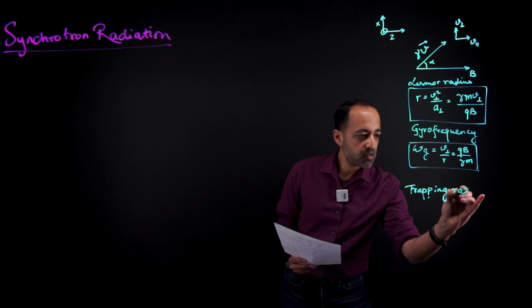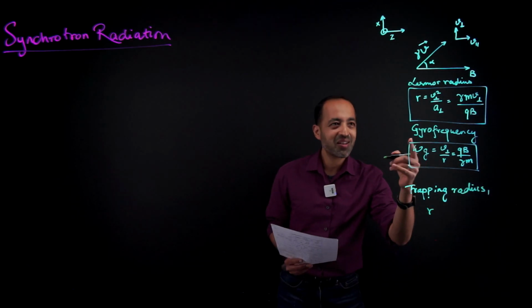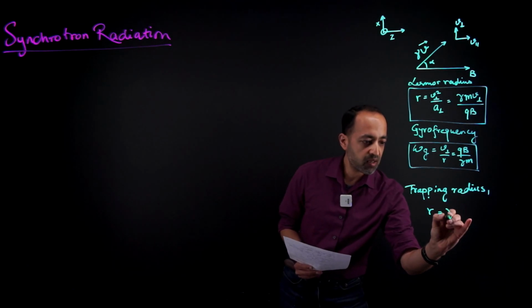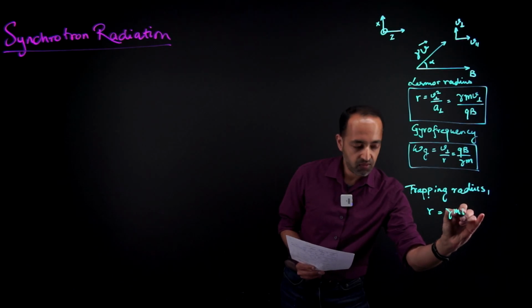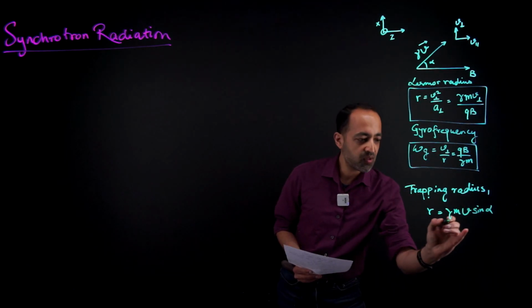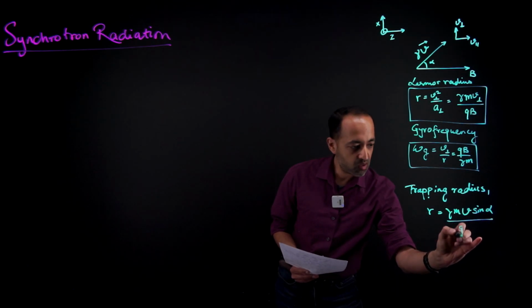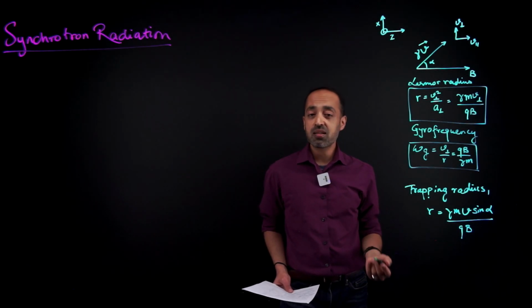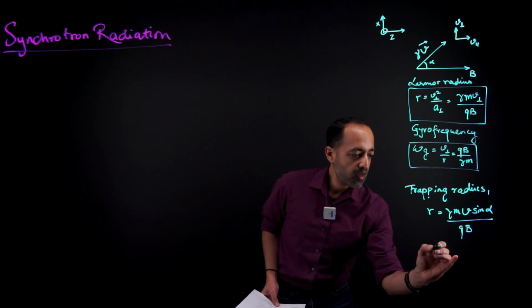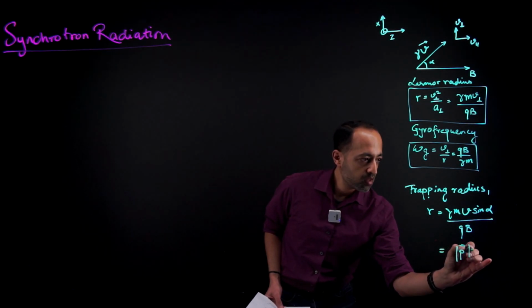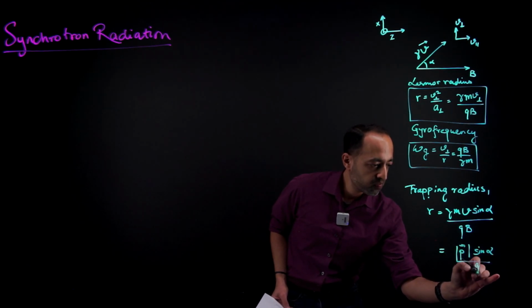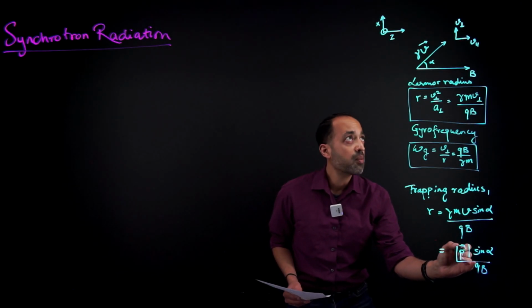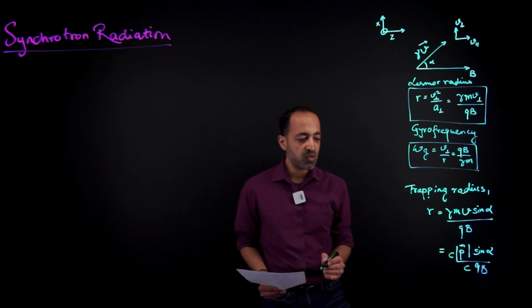And so this trapping radius r for a given region of space with some magnetic field B is given by this Larmor formula, gamma m, and instead of v perpendicular, I'm going to write v sine alpha, where alpha is this angle between v and B, divided by q times B. And so you will remember gamma m v, of course, is just the magnitude of the 3-momentum. So we can write this as the magnitude of p times sine alpha divided by qB. And the reason I'm writing that in that form is going to be obvious in just a second, and that's because I'm going to multiply and divide by c, the speed of light.